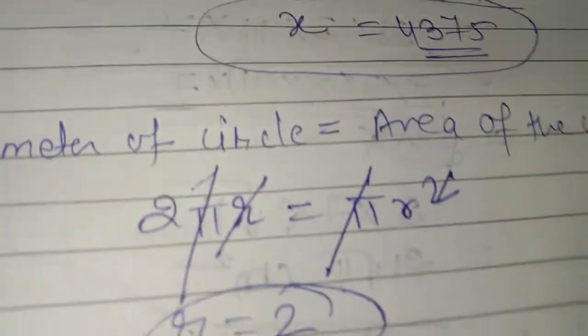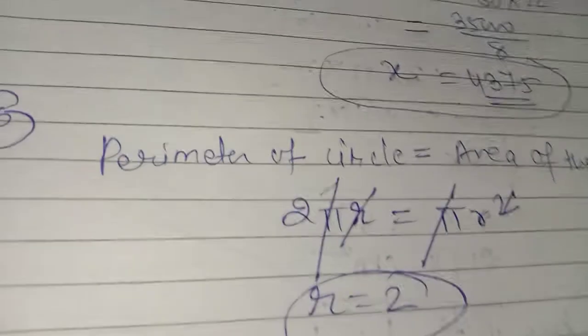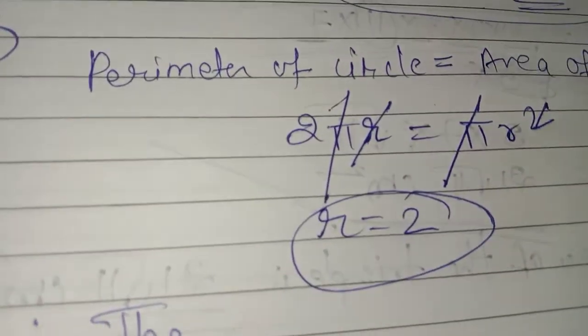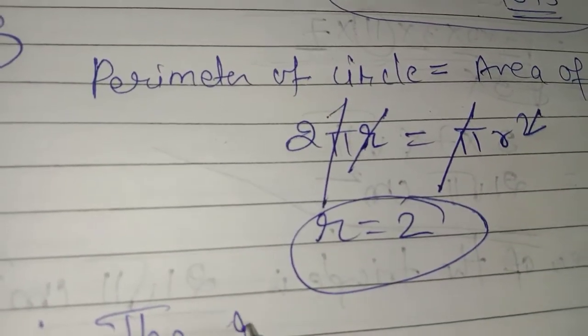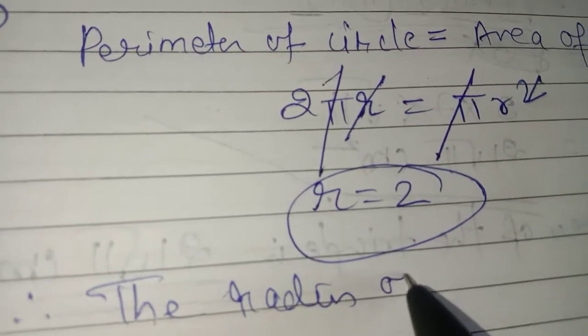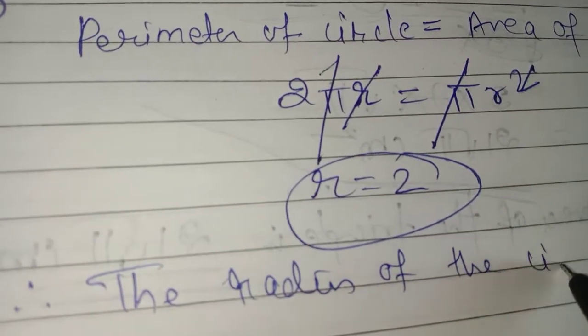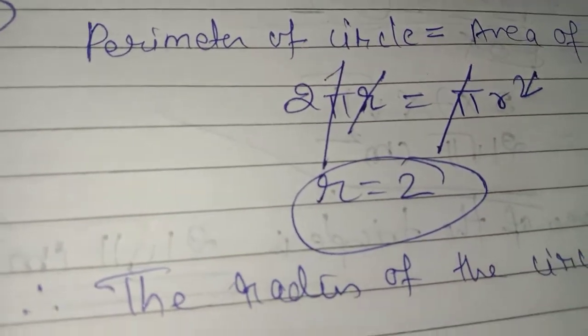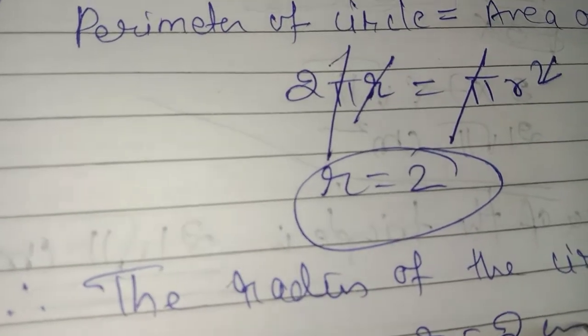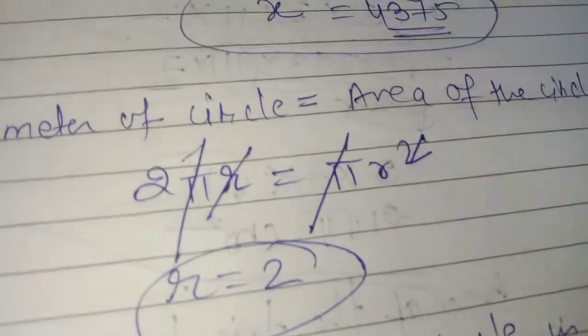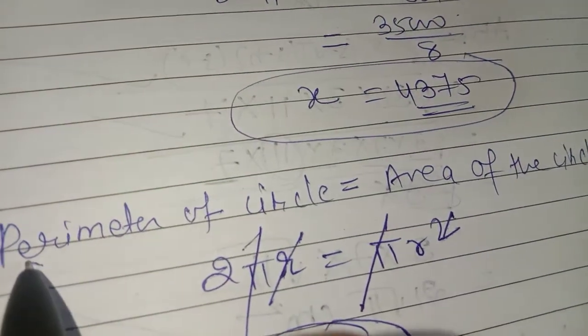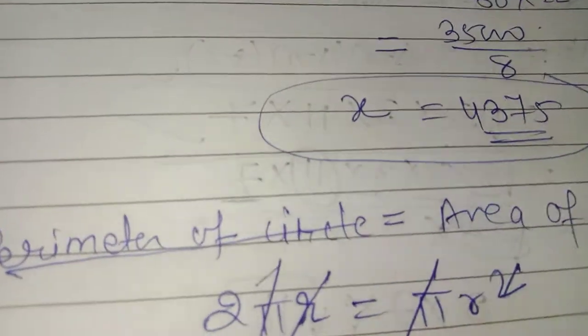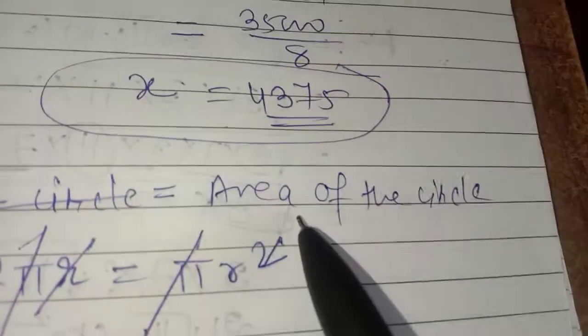Clear? So what we got, therefore the radius of the circle is r equal to 2 centimeter. So this is not a conventional question. We have been given only that the perimeter of the circle is equal to the area of the circle.